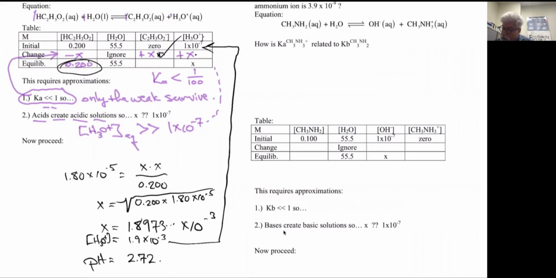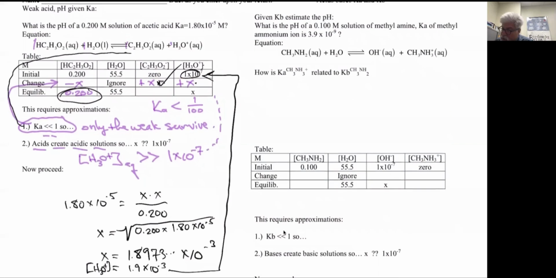So we could have started with 0 right there and been just fine. We already know that Ka is much less than 1. We were given that Ka. That Ka is right here. And we now see that our X, which is 1.9 times 10 to the minus 3, let's put it in standard notation right where it belongs.